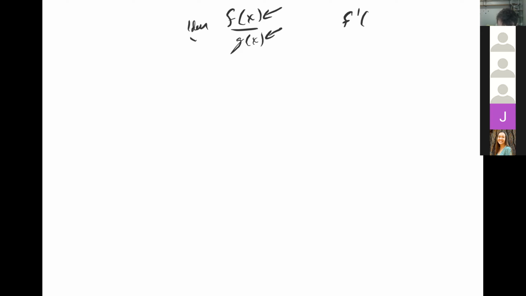So lim x goes to a. And remember, x doesn't have to go to 0 or infinity, just the two functions do. So then we get f prime of x over g prime of x, lim x goes to a. Okay?